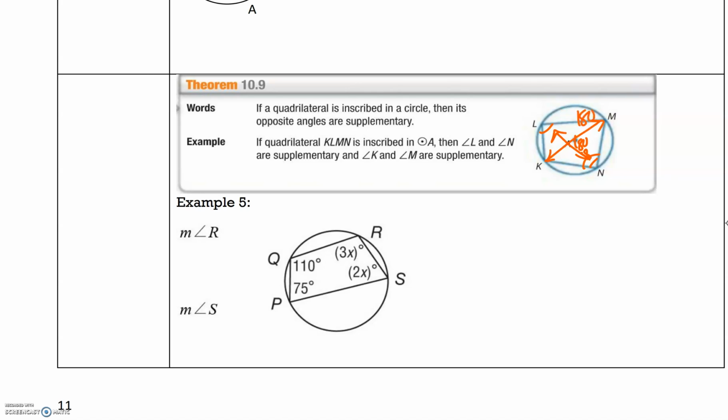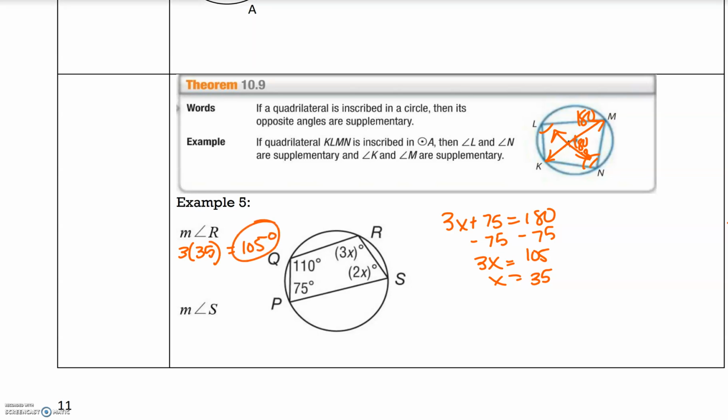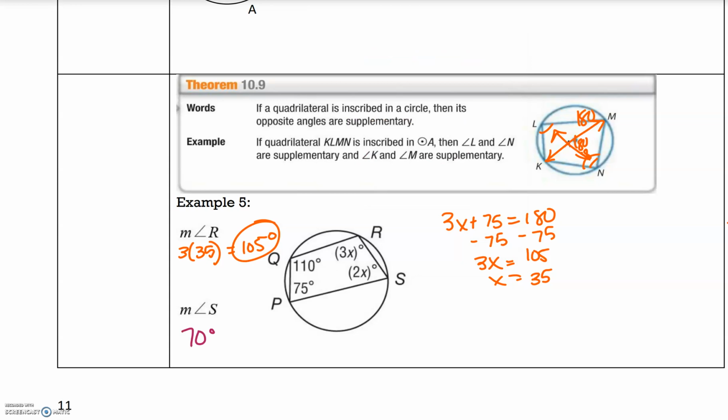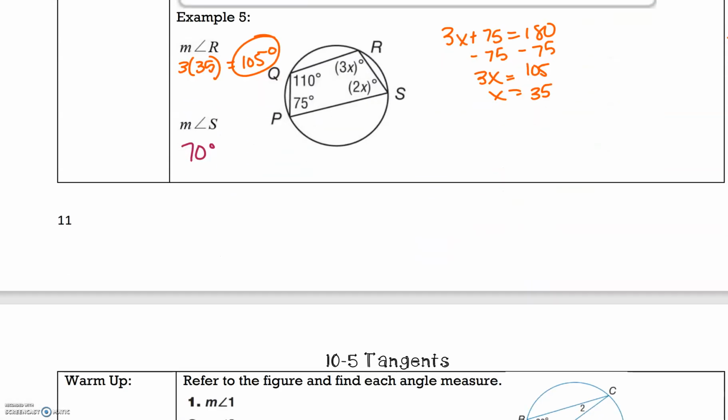So to find angle R, I would take these two angles, a 3x plus 75, and set it equal to 180, and solve, and get 35 for x, which means angle R would have to be 3 times 35, or 105. And angle S, you could also just subtract 110 from 180, and that's going to give you angle S is 70 degrees, since we know opposite angles are supplementary.